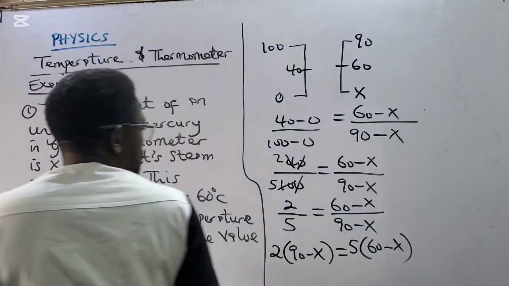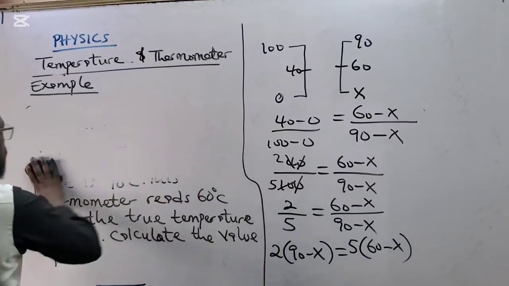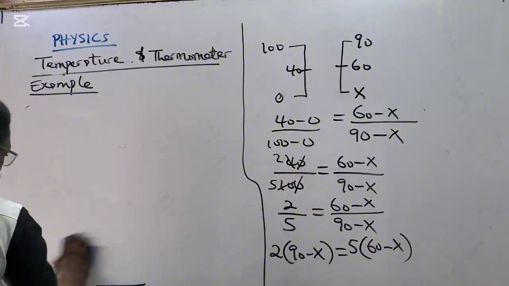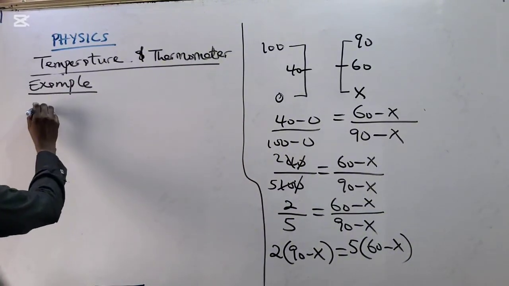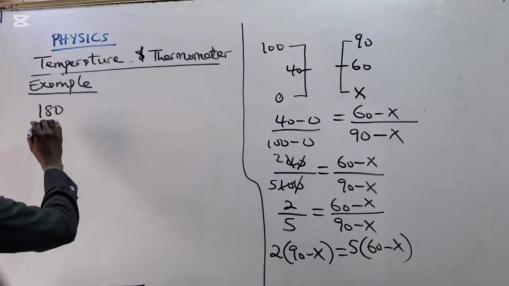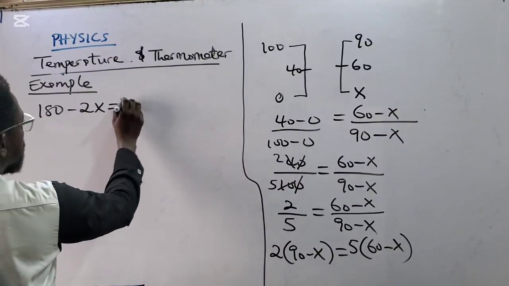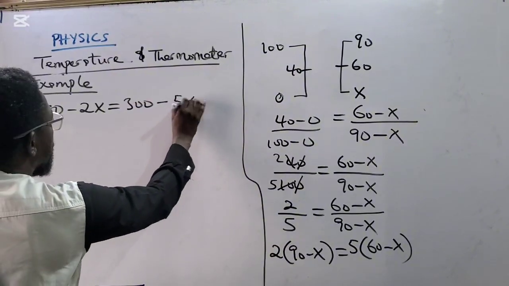Okay, this is this part here. Opening the brackets, we get 180 minus 2x equals 300 minus 5x.